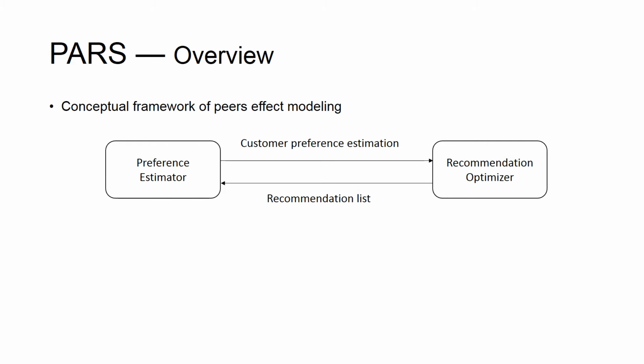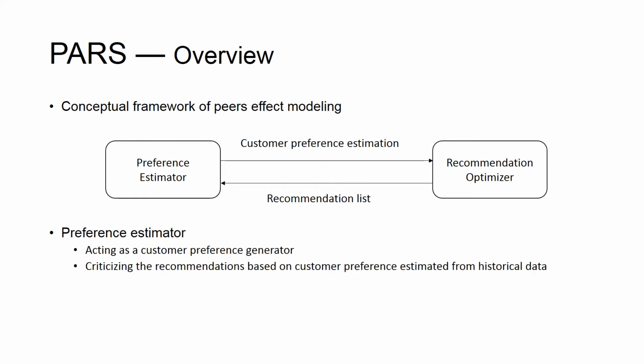More specifically, we propose a conceptual framework for peer-effect modeling. We have two components. The first component is a preference estimator. The preference estimator acts as a customer preference generator, and it generates the preference estimated from historical data.